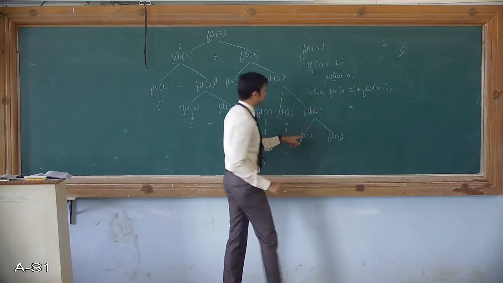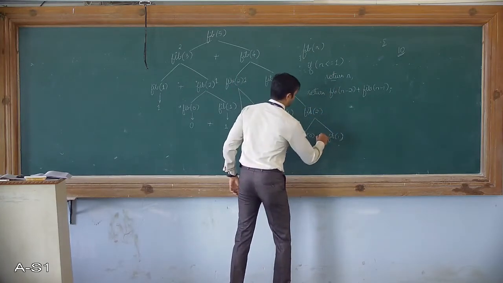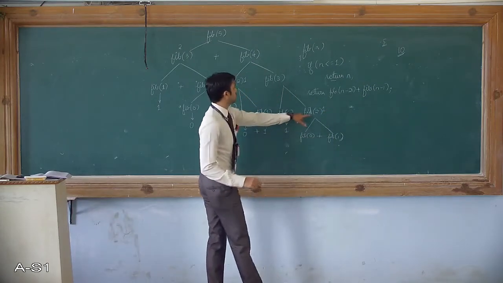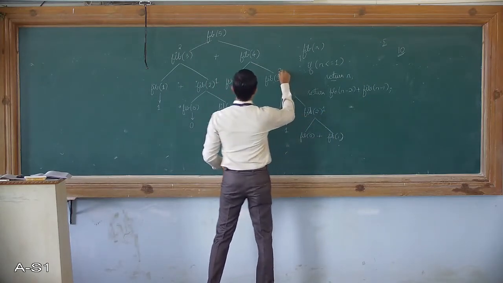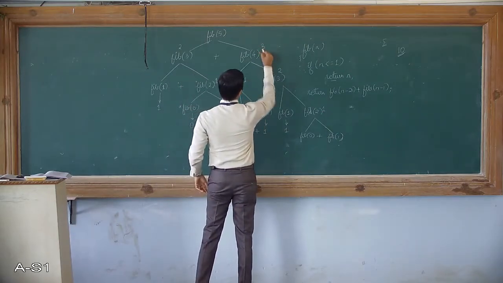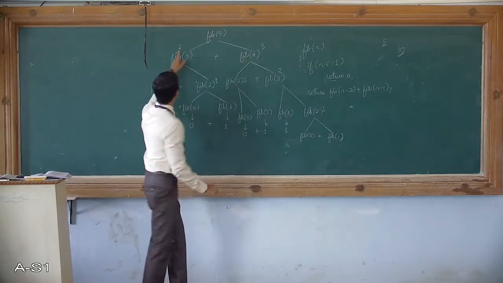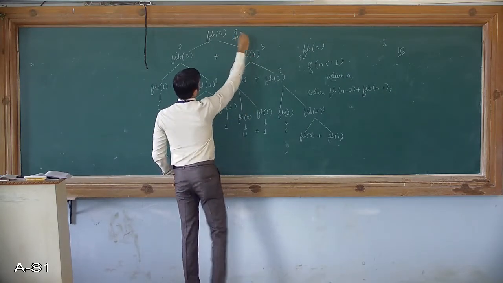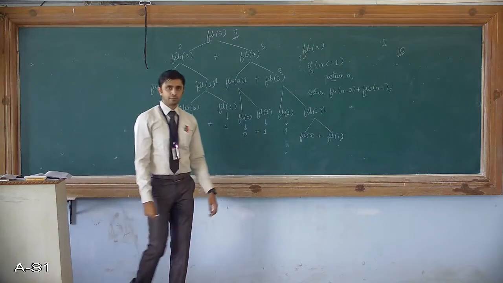That is n minus 2 and n minus 1. Addition operation again. 1 plus 0 is 1. This is 1. So 1 plus 1 is 2. 2 will be sent here. 2 plus 1 is 3. So 3 will be sent there. 3 plus 2 is 5. So Fibonacci of 5 is 5.